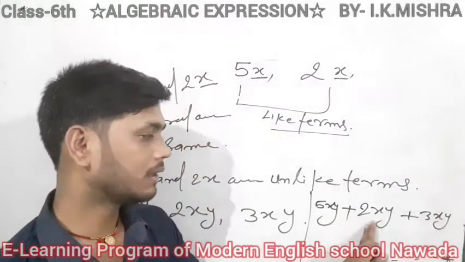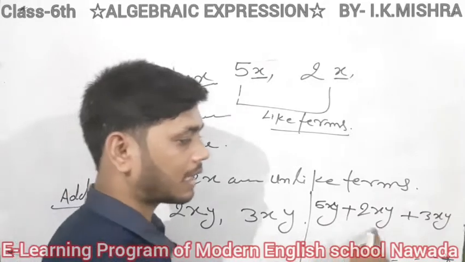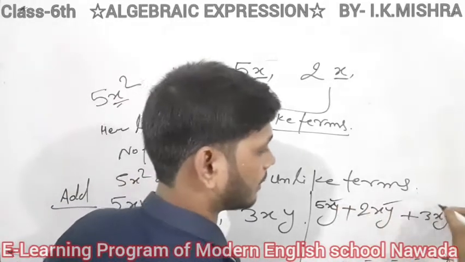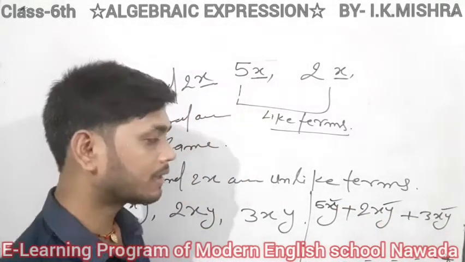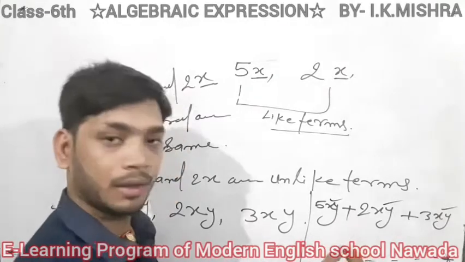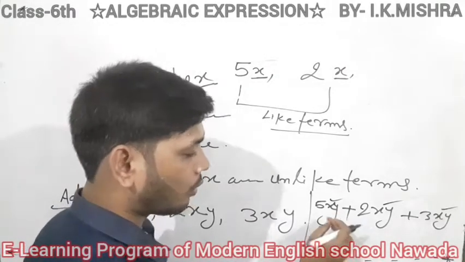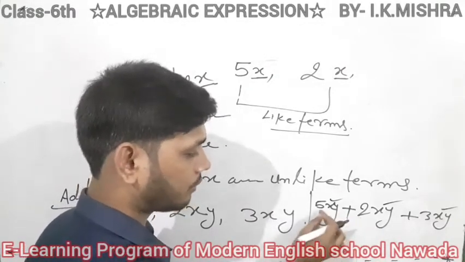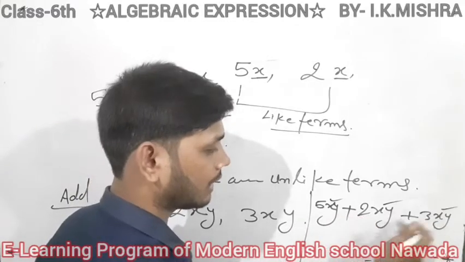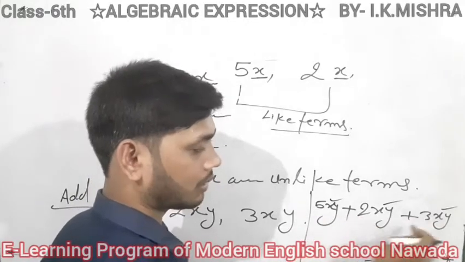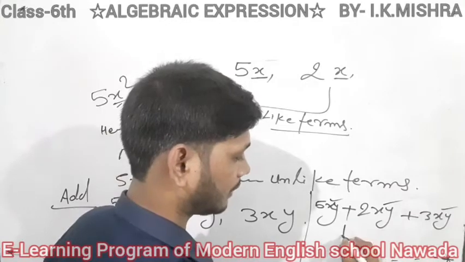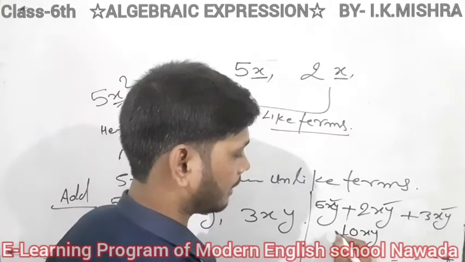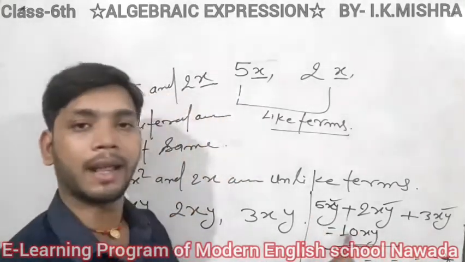Friends, in all of these the literals are the same: xy, xy, xy. That means we can add their numeral parts. 5 plus 2 plus 3, that means 5 plus 2 is 7, plus 3 is 10, so 10xy. Its sum is 10xy.